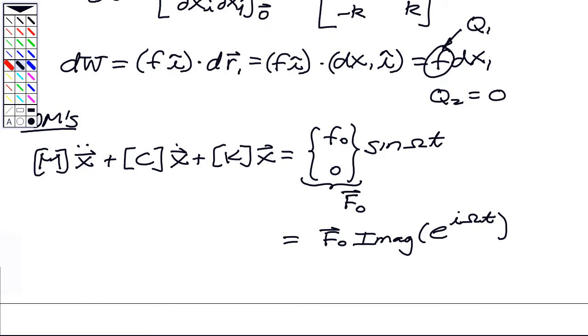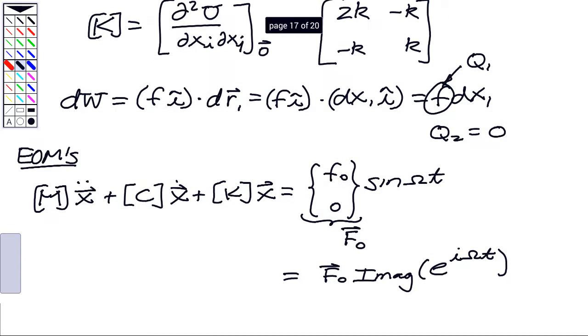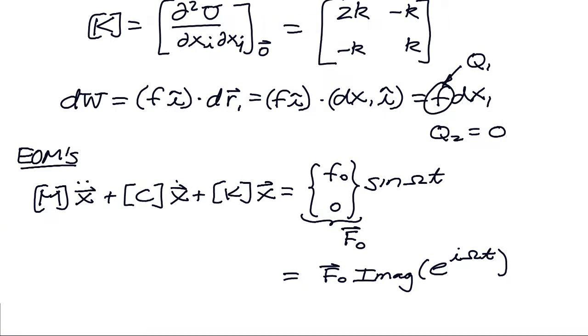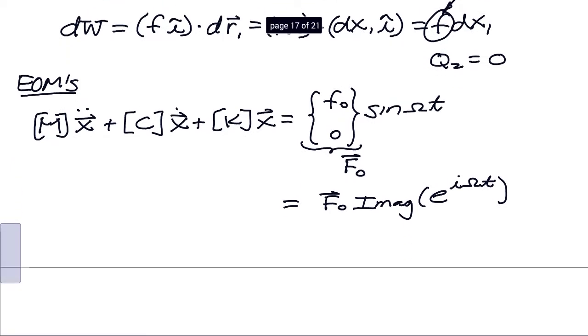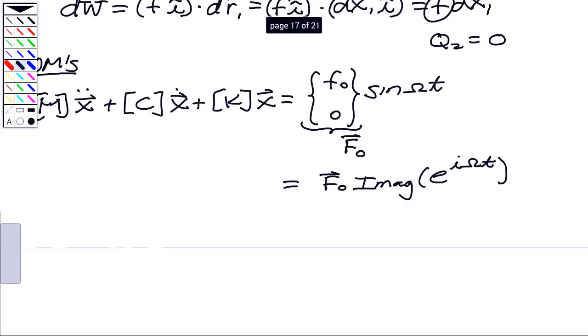Our solution: if we look at it from the perspective of the complex exponential, what we need to do is put in a particular solution for x as the amplitude vector X times e to the i omega t. And again, since the right-hand side is the imaginary part of that, we will take the imaginary part of that result.